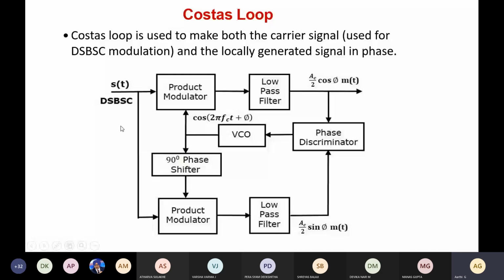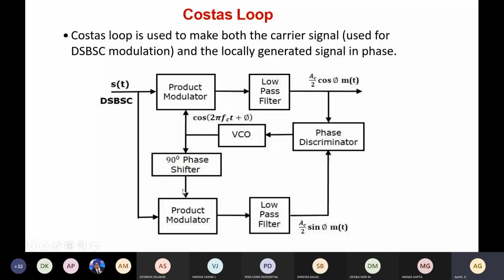Now this product modulator output is passed to a low pass filter, and this output is Ac by 2 cos phi into m of t. This is given as input to the phase discriminator, and the other product modulator on the other side. Here this is in phase and this is quadrature. Here we are shifting the phase of the oscillator signal by 90 degrees, and this is fed as input to the other product modulator.